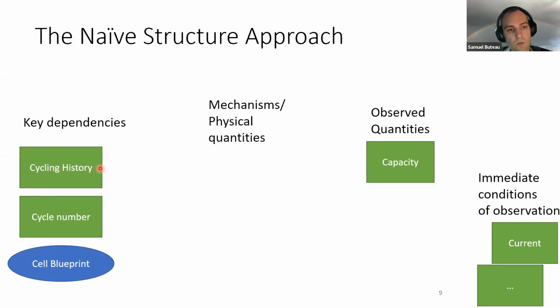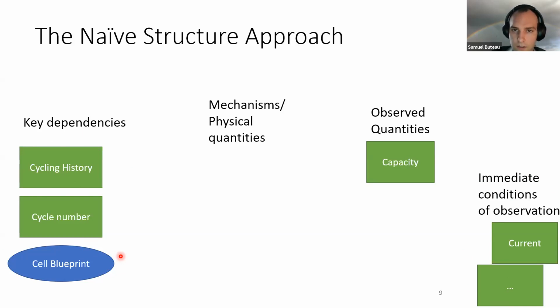Then you have two other variables which are very important. One of them is the sum of all the actions you've performed on the cell over its lifetime, what usage it experienced. That's the cycling history. And finally, you have the design of the cell, what it's made of, what electrode, what electrolyte.